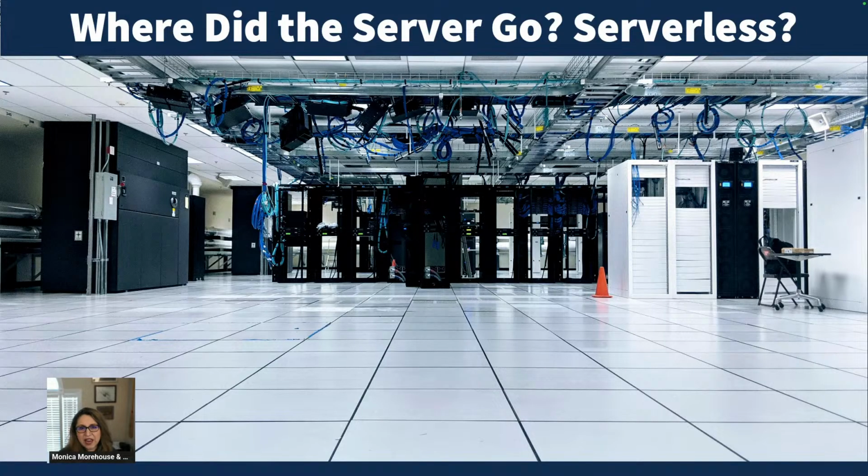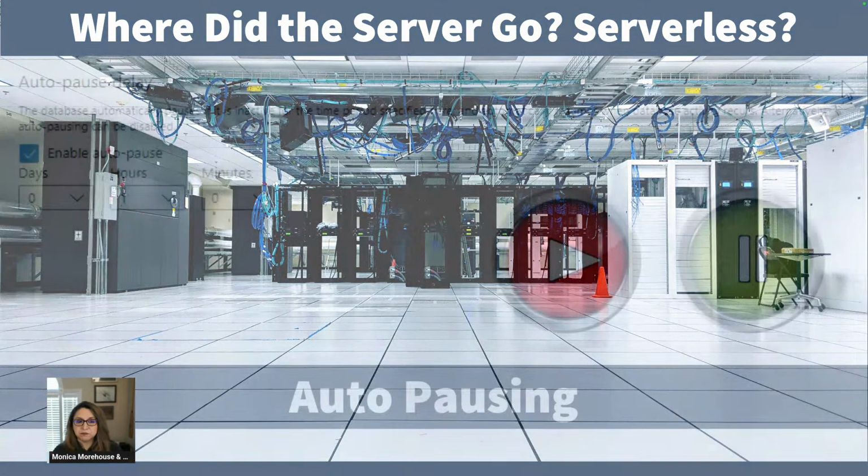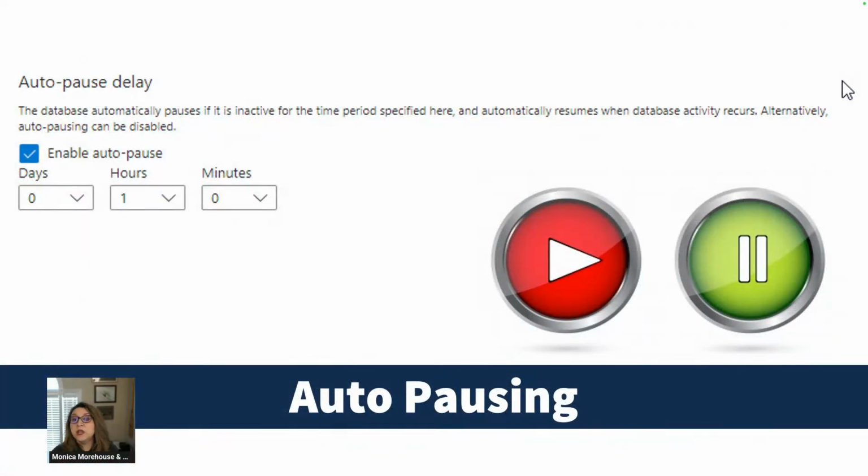Why do we want to pay for something in the cloud when we don't need it? So they've given this option to us called serverless. And what that allows us to do is when our workload is not active, we can put in something called auto pausing that will allow the compute to stop billing us. And stopping billing us means money back in our pocket.